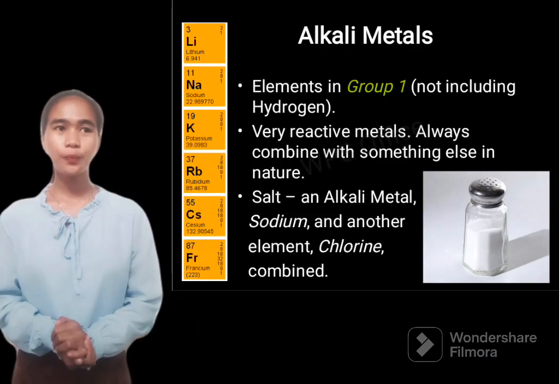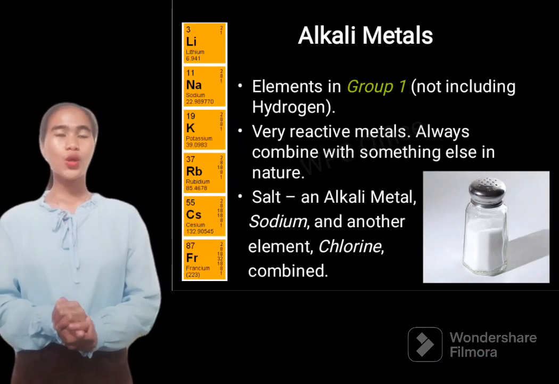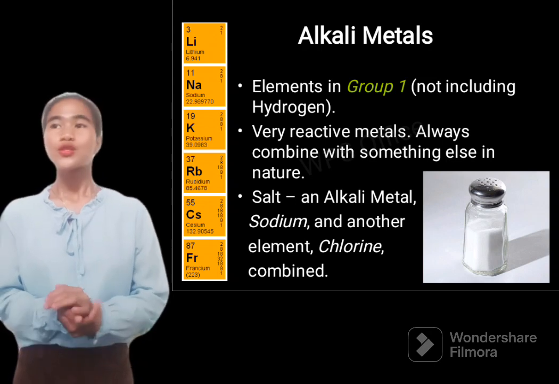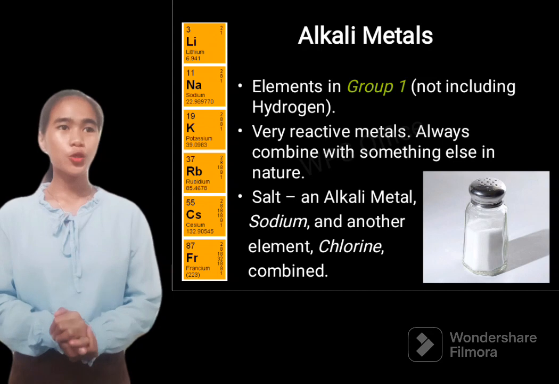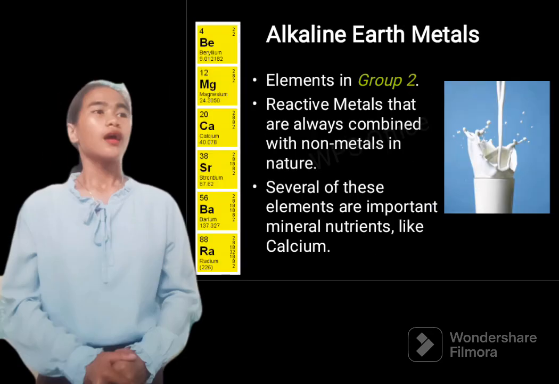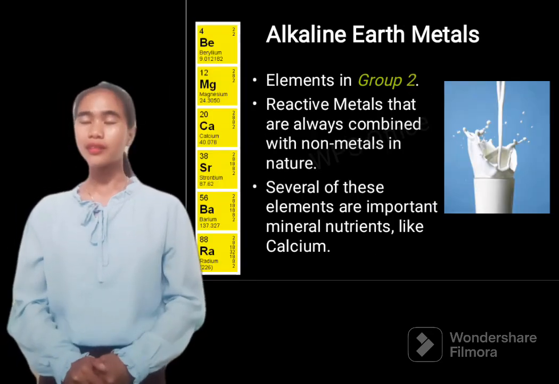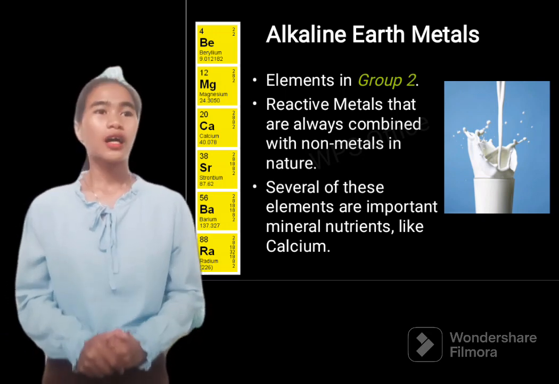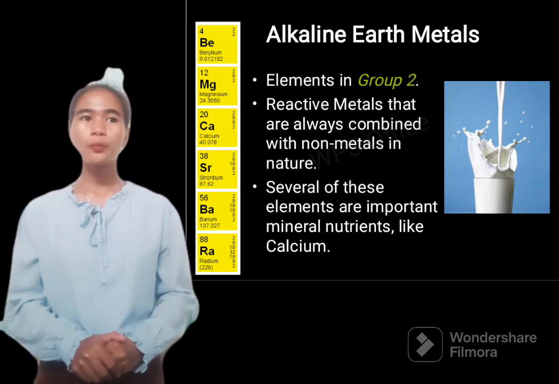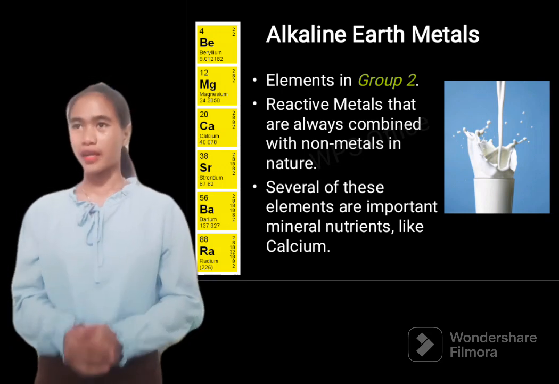So, for the alkali metals, we have lithium, sodium, potassium, rubidium, cesium, and francium. And for the alkaline earth metals, we have beryllium, magnesium, calcium, strontium, barium, and radium.